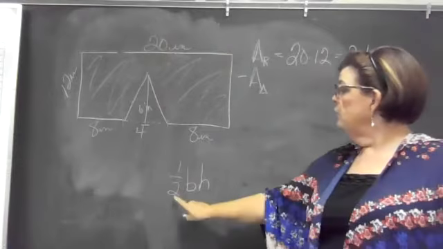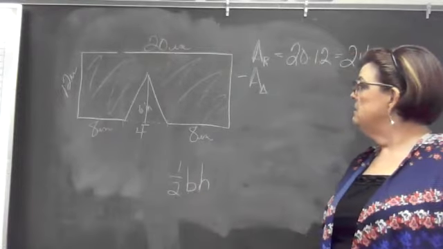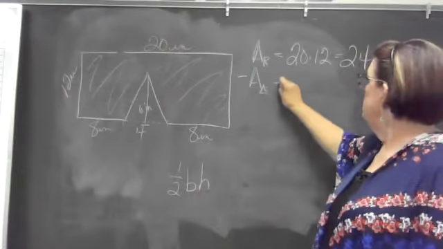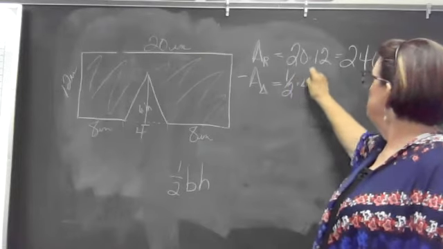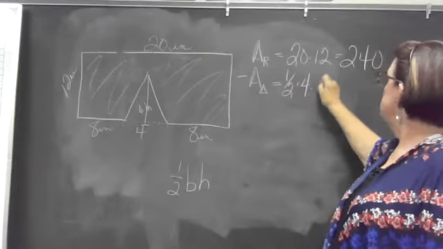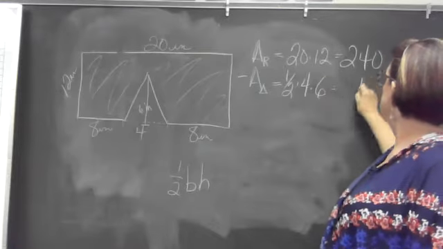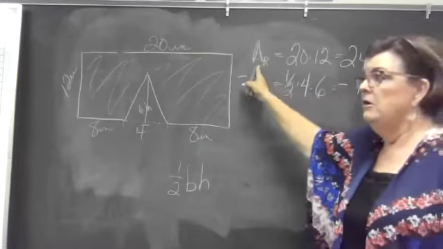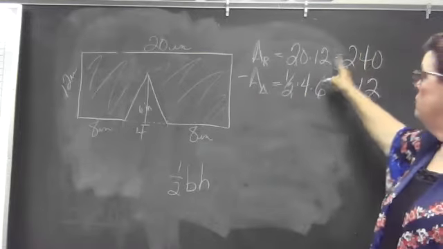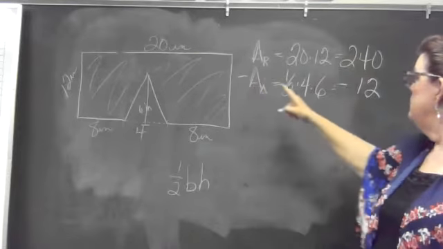So if I do 1/2 the base times the height, then I'm going to get the area here, 1/2 times 4 times 6. And we said we're going to take the area of the rectangle and subtract out the area of the triangle.